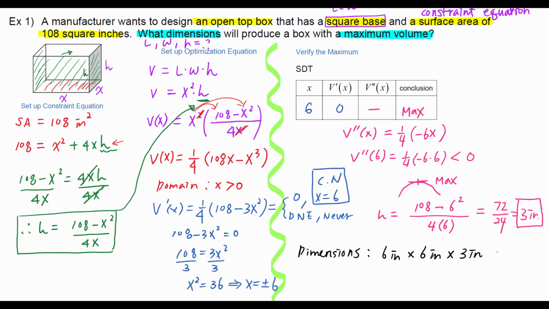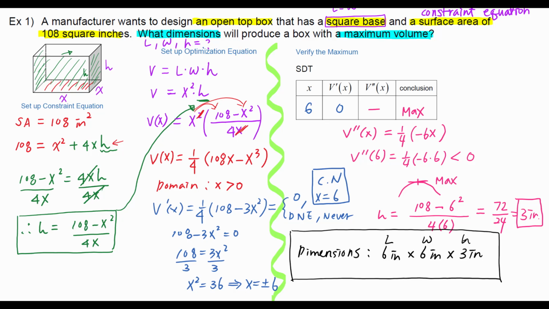If you write 6 inch by 6 inch by 3 inch, it is understood that this is the length, this is the width, and this is the height. Or you could give me a sentence saying that the dimensions that will produce maximum volume are length equals 6 inches, width equals 6 inches, height is 3 inches.